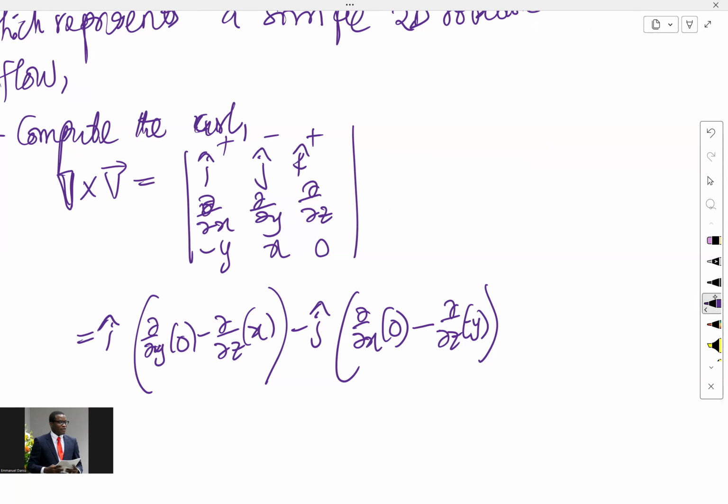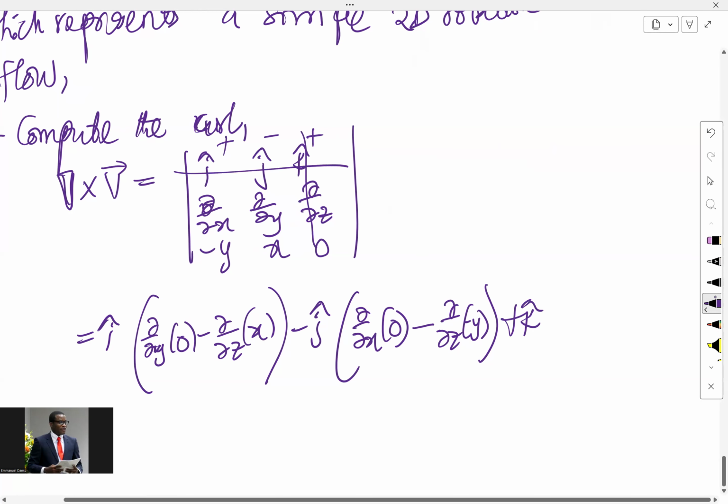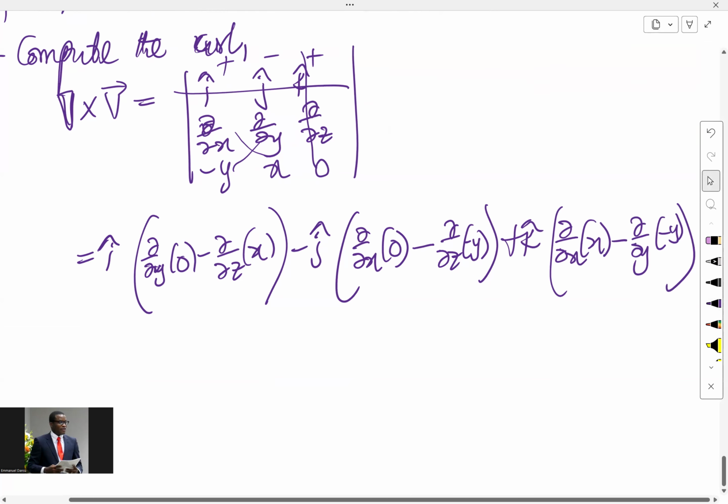So that is plus k, cross the column, cross the row. So we have d/dx of x minus d/dy of minus y.